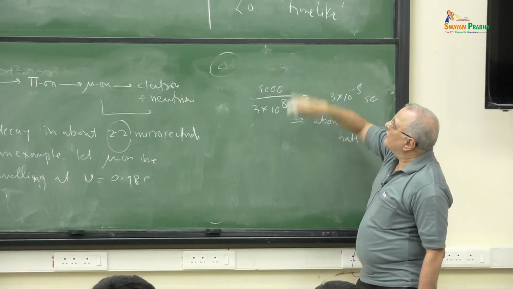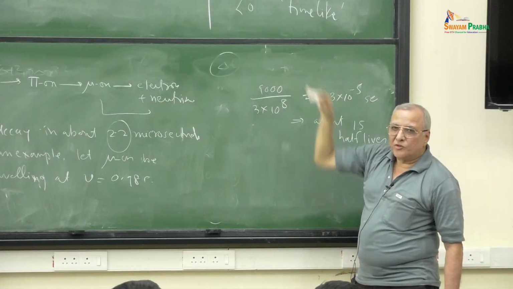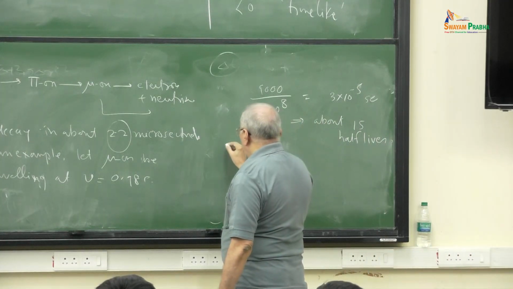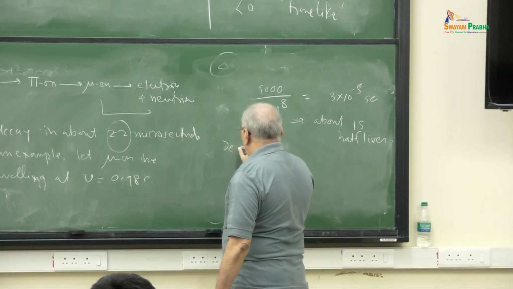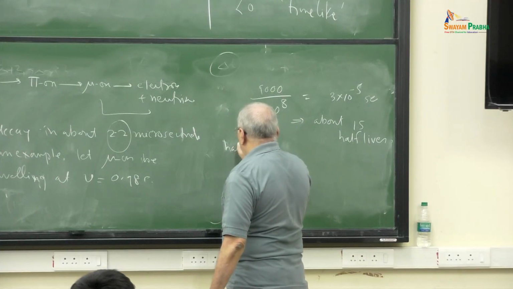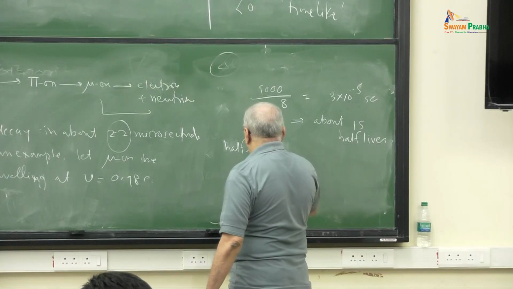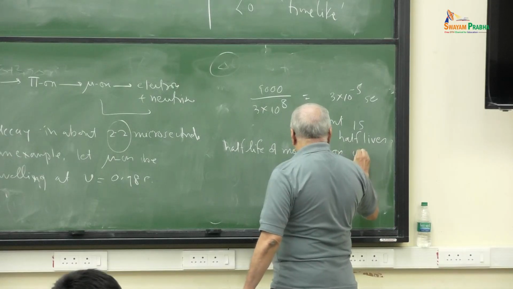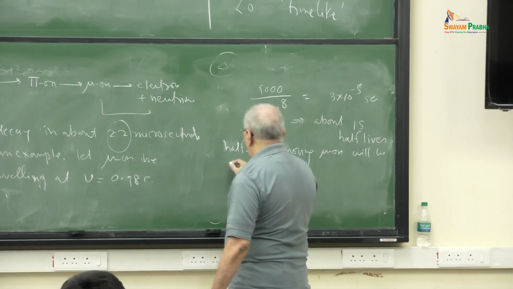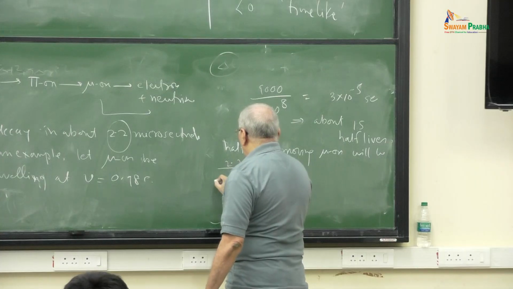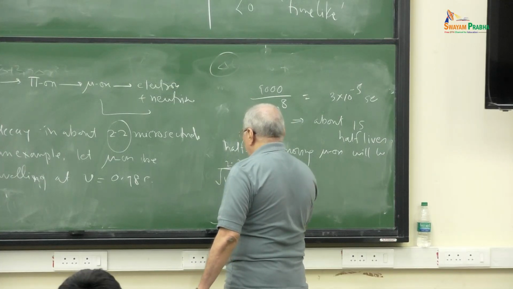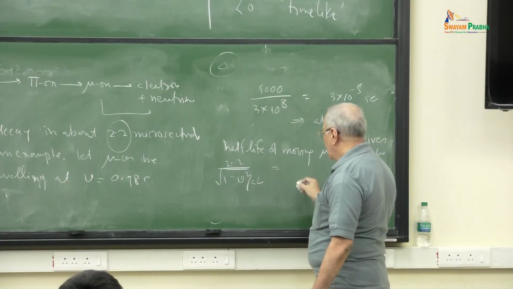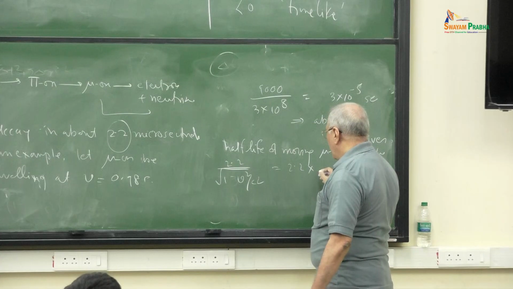So what is the factor that you will get? That square root of 1 minus v square by c square factor, it will enhance by that. So the half life of moving muon will be 2.2 divided by square root of 1 minus v square by c square, and I think this number is about 2.2 into roughly about 5.